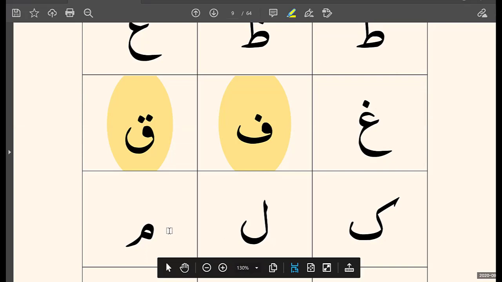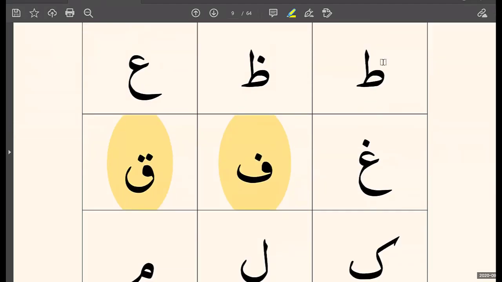Mim. Well done. So can you please read, if you can identify, right to left? Ta. Za. Ein. Well done. Ghain. Fa. Well done.